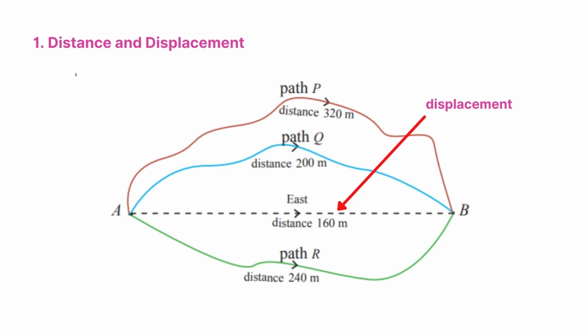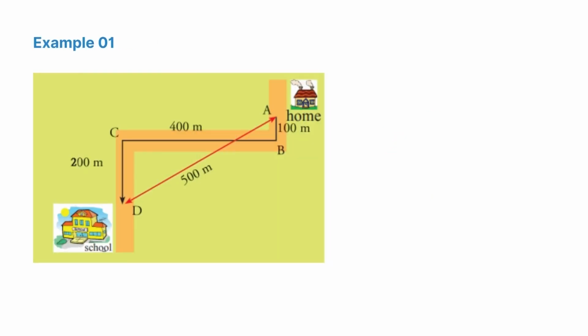To understand distance and displacement in more detail, we will look at the examples. The figure shows the path taken by a child to travel from home to school. Here you can see that the home will be the start, and this is the school, which will be the end point.